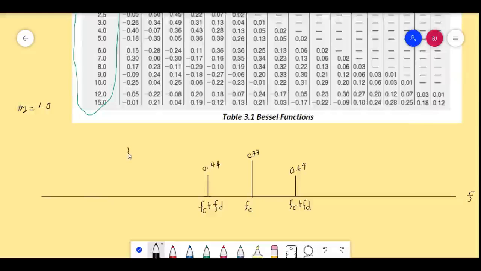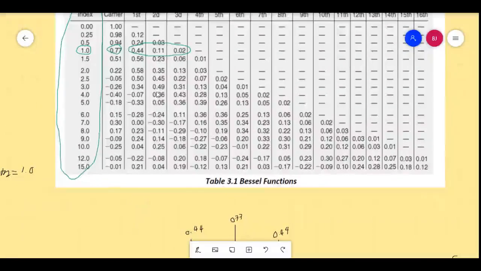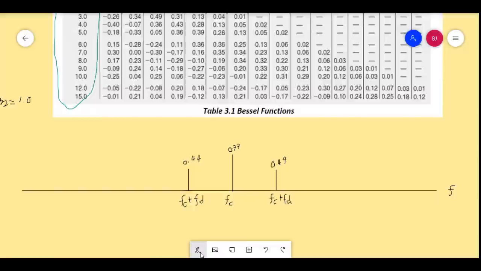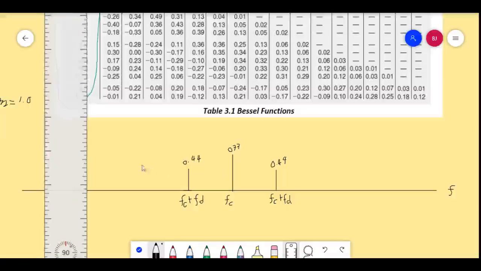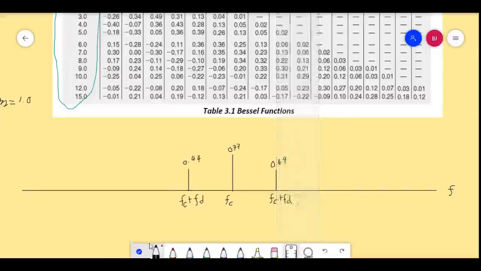Let's take a look. We also have the next pair of sidebands from the Bessel function table, there are 3 possible sidebands. So the second one, let's have our handy dandy ruler here. It says here that it's supposed to be around 0.11.